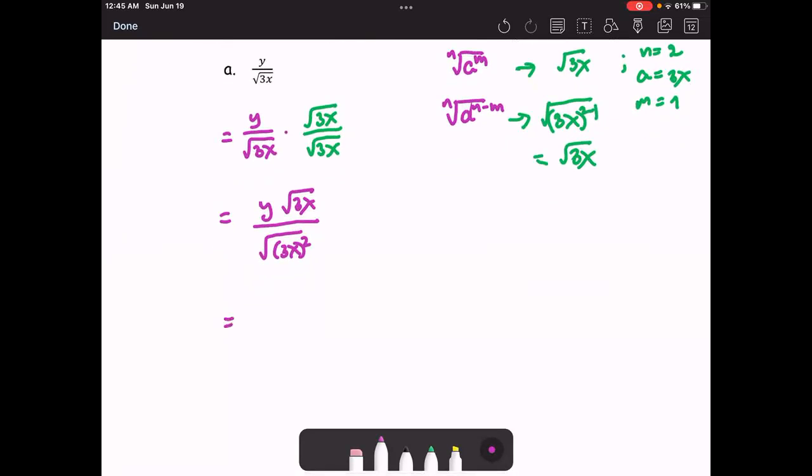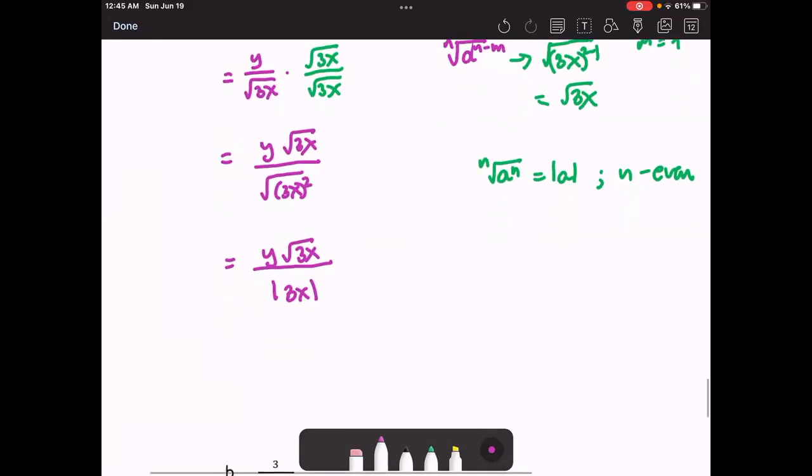And that will bring us to the property that the nth root of a to the n equals the absolute value of a, where n is an even natural number. So the denominator becomes the absolute value of 3x, where the numerator stays as y times the square root of 3x.